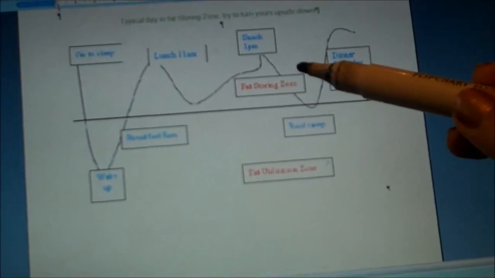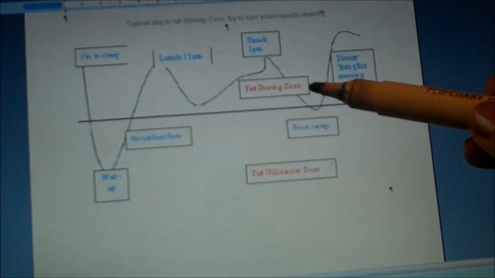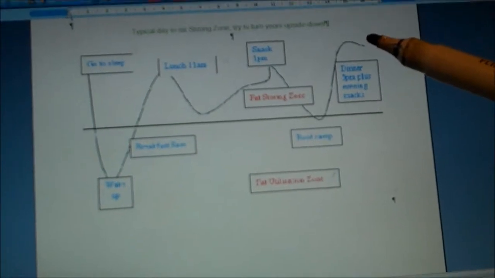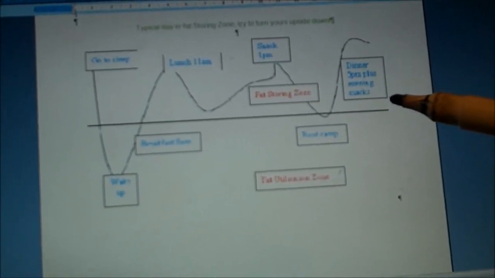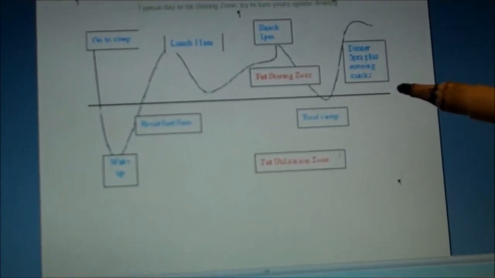It doesn't have to be 5 p.m., but if you had it at 5 p.m. before the boot camp session, then you probably wouldn't even get back into fat storing zone. You'd have dinner, and then after dinner you might get back in fat storing zone again, depending on what kind of energy you put in via your food groups, okay. So what's happening there is, throughout the day, you're predominantly in fat storing zone, which is not what we want, okay.